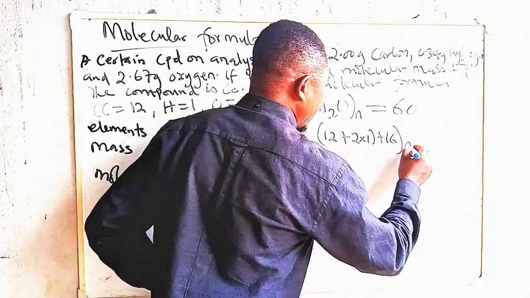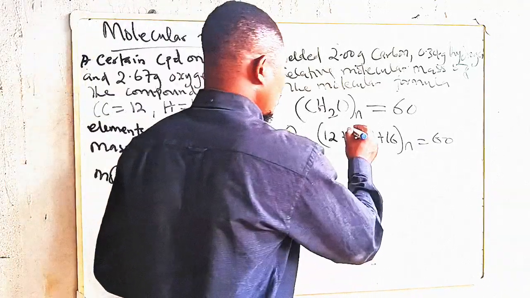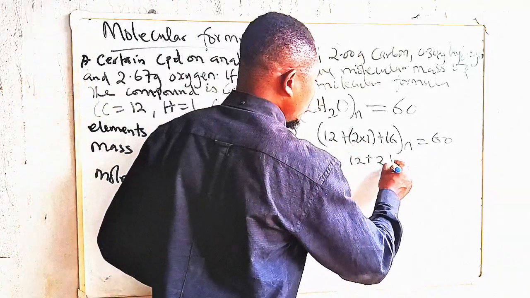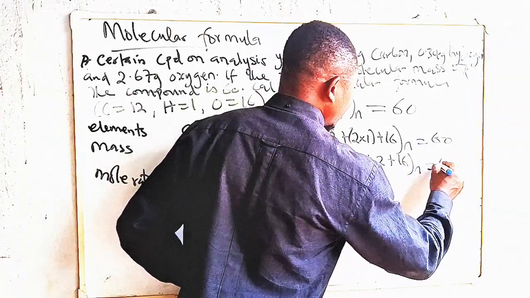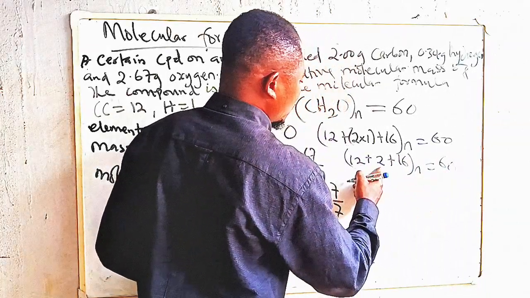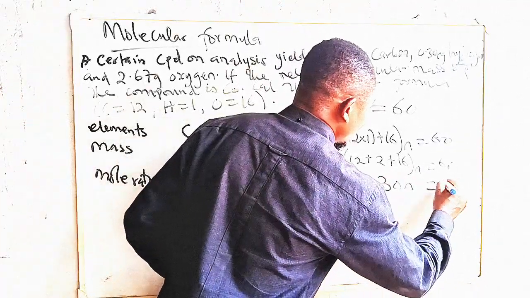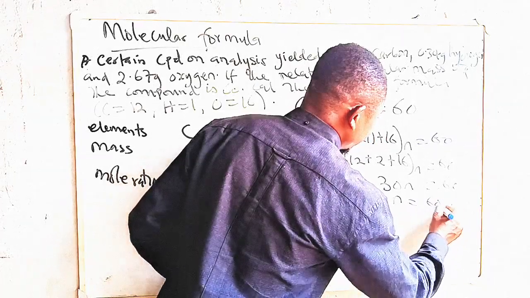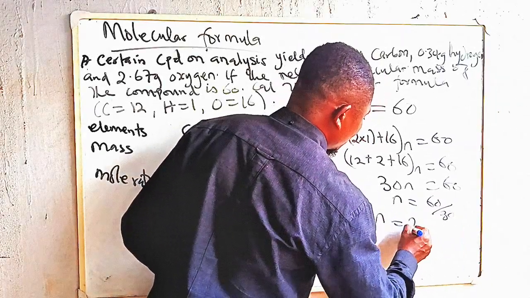All of them multiplied by n will be equal to 60. So, if I open this, I'm going to have 12 plus 2 plus 16, n equals 60. So 12 plus 2 is 14, plus 16 is 30. 30n will be equal to 60, so that n will be equal to 60 divided by 30. n will be equal to 2.